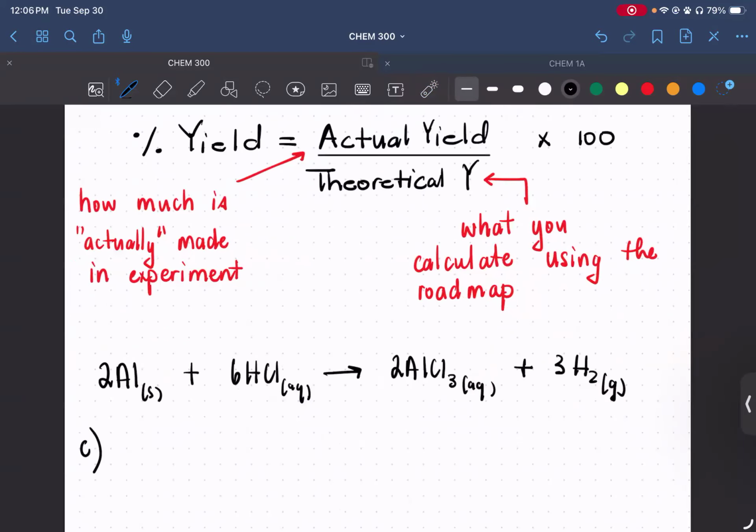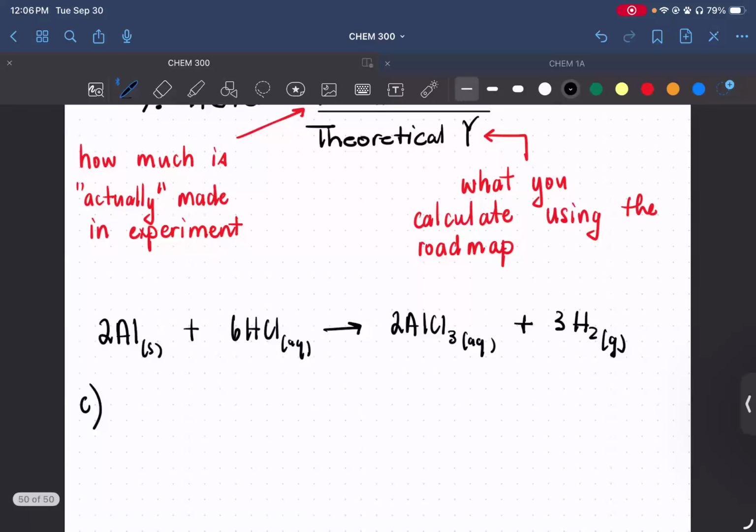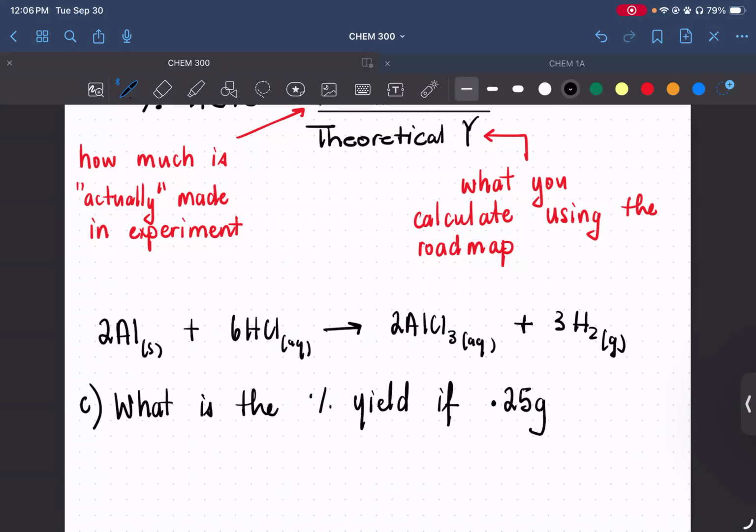Part C says, what is the percent yield if 0.25 grams of H2 are actually, keyword actually, made.